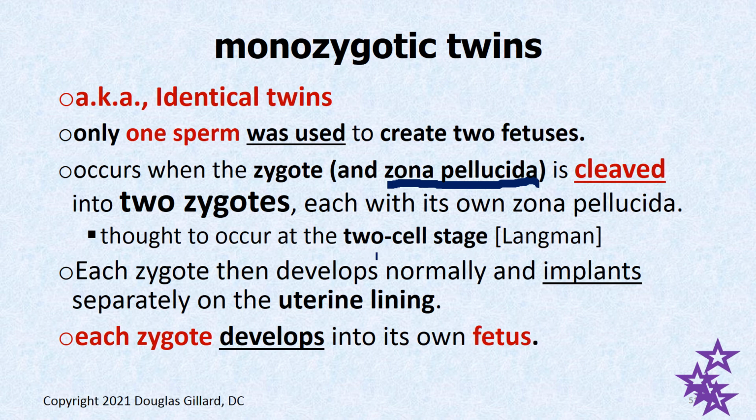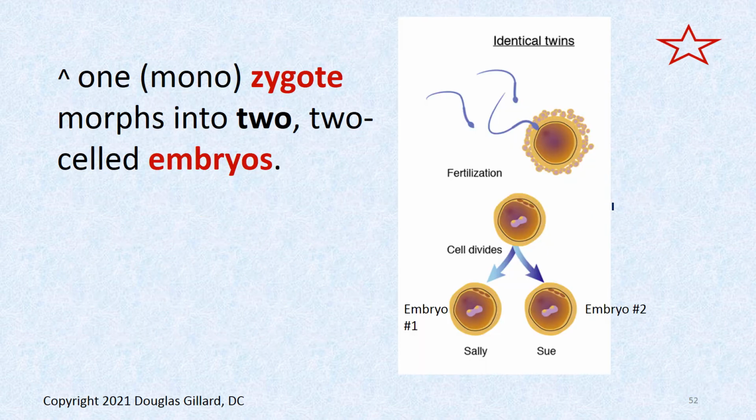And it's thought to occur in the second cell stage here. Okay, and each one of these zygotes then will develop normally, but they have the same genetic material because we split the zygote in half and the zona pellucida in half. Okay, they each implant in the uterine lining, which we'll talk about, and so they develop into their baby.